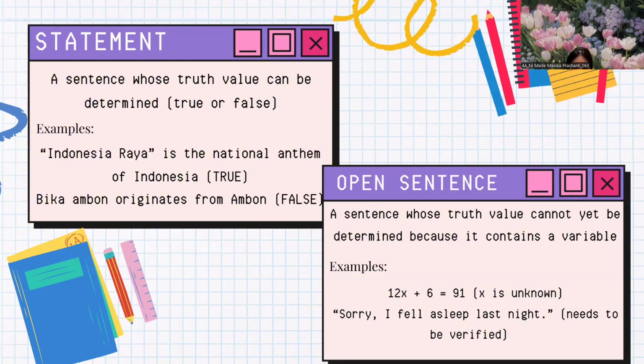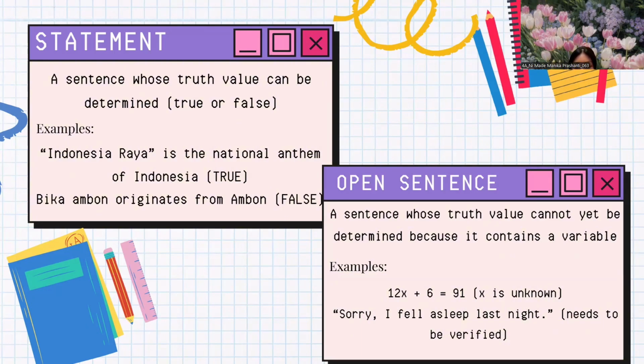An open sentence is quite different. It is a sentence whose truth value cannot yet be determined. Why? Because it contains a variable or an unknown element that hasn't been defined yet. We see two types of example here.